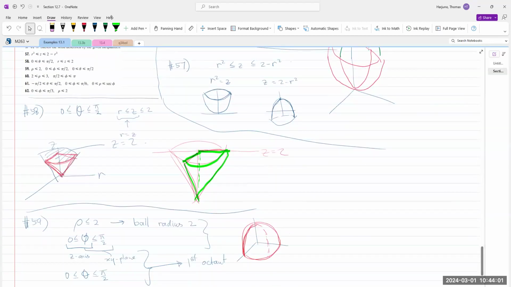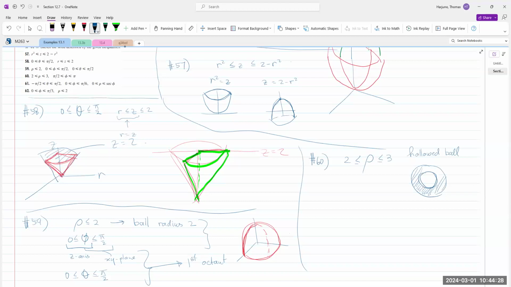Number 60. Rho is between 2 and 3. Oh, okay, then this is basically what? You call that a hollow ball. So you have a ball, but the inside is empty, right? The radius is between 2 and 3.